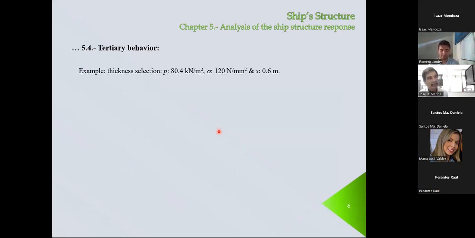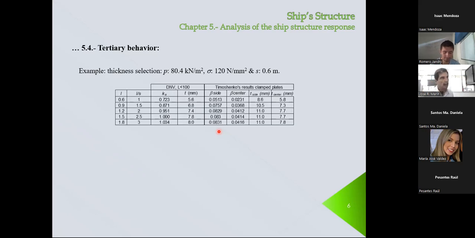The allowable stress is 120 megapascals, and the spacing of the smaller side is 60 centimeters. Let's suppose that we change the other dimension, so we consider different values for the L dimension. And this is the result.